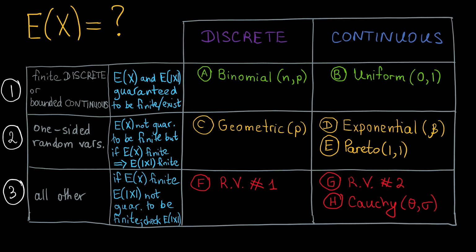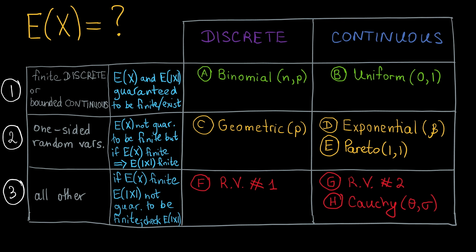In the case of a discrete random variable taking on finitely many values, it is very straightforward to see why the expected value would always converge. The expected value is nothing other than a weighted average, and in this case it'll be a weighted average of finitely many finite values, and so it will always be a finite value.